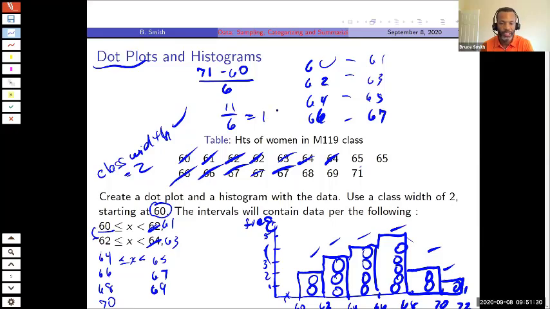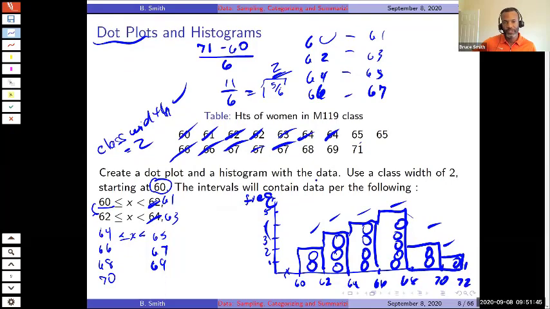So if we rounded this up to the next integer, we'd end up with a class width of 2. And that's what we certainly had here, a class width of 2. So you take your max minus min divided by your number of bins.